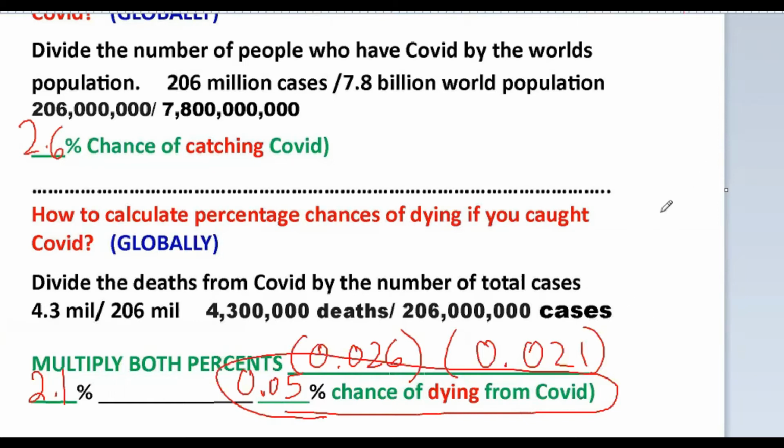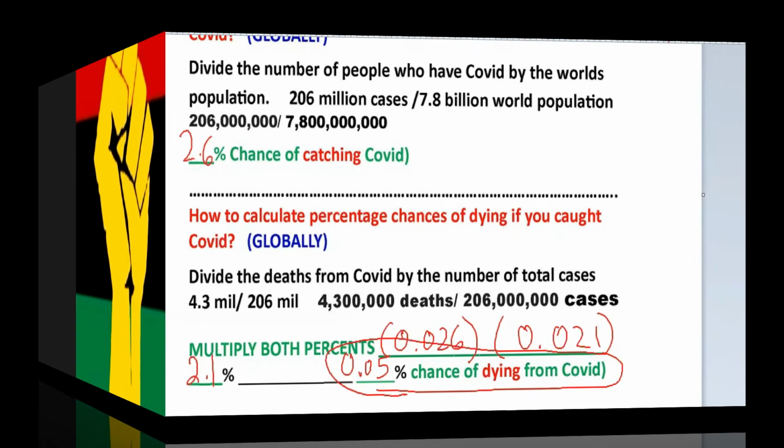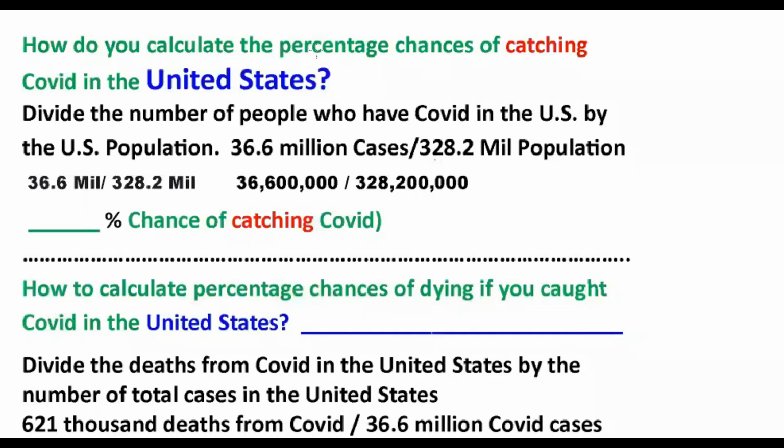We moved on from globally. Let's go ahead and move to the United States. If we look at the United States, it's the same method. To calculate the percentage chance of getting COVID in the United States, you need to divide the number of people who have COVID in the United States by the US population.